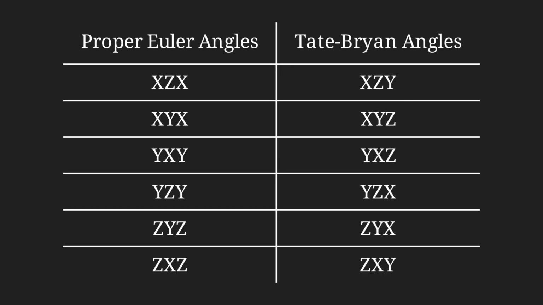There's 2 general groupings, the first being proper Euler's angles and the second being Tait-Bryan angles. Proper Euler's angles are composed of 3 rotations, with the first and last rotation being on the same axis, but the middle rotation being on a different axis. Tait-Bryan angles are composed of 3 rotations, each rotation on their own axis.